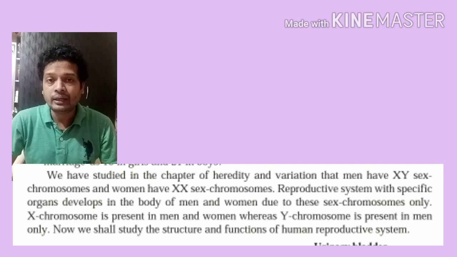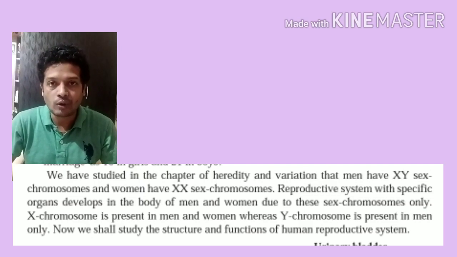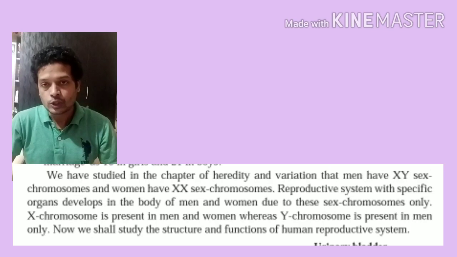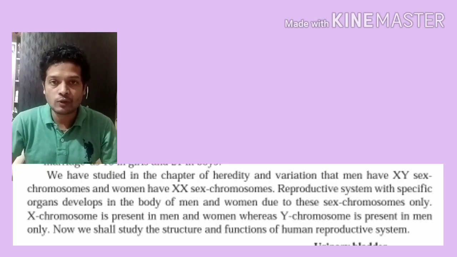Then in 9th standard we also studied how a male has 2 sex chromosomes as XY, and a female has 2 sex chromosomes as XX, and the remaining 44 are autosomes. So typically a male has 44 autosomes plus XY, and a female has 44 autosomes plus XX.